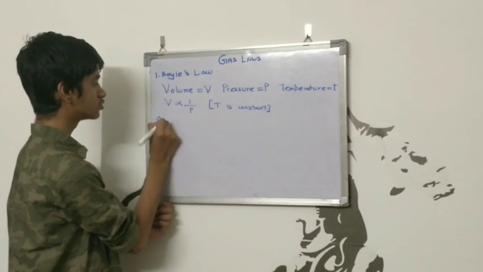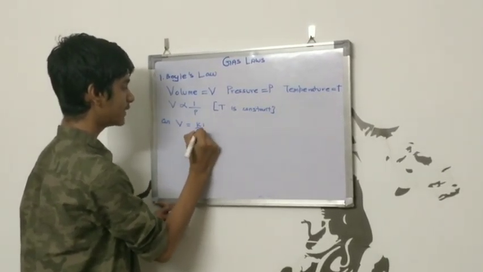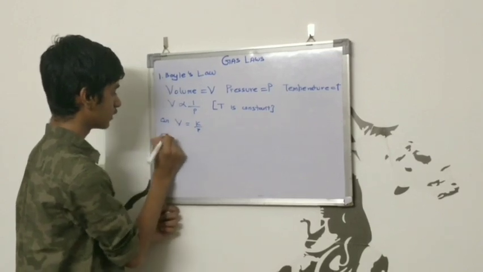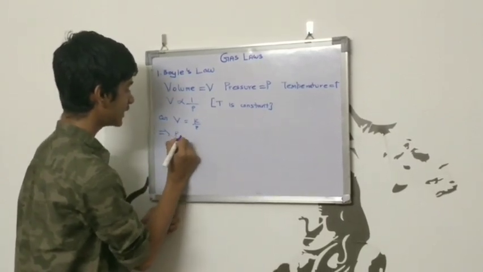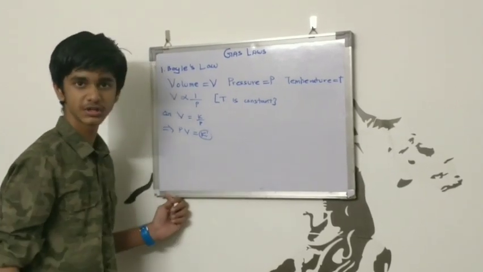This can also be written as V is equal to K by P, which is P into V is equal to K, where K is the proportionality constant.